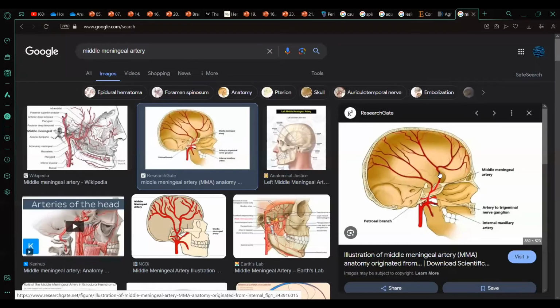So if I just try to pull up a diagram. So this here shows you the middle meningeal artery, which is going to be the most common cause of epidural hematomas.